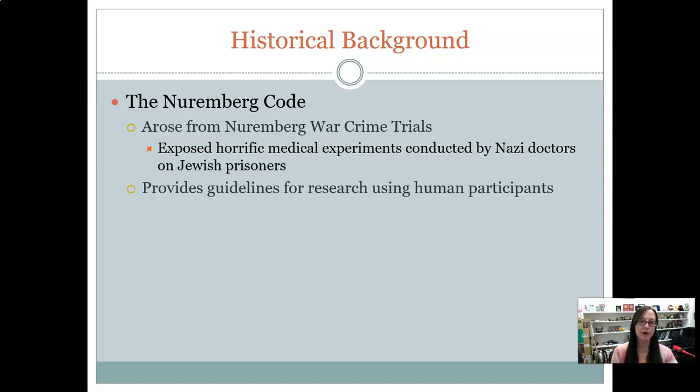Basically, the war crime trials were all about the horrific medical experiments that were conducted during the Second World War by the Nazi doctors on Jewish prisoners. They were doing terrible, awful things, like testing how pain affects various different things.